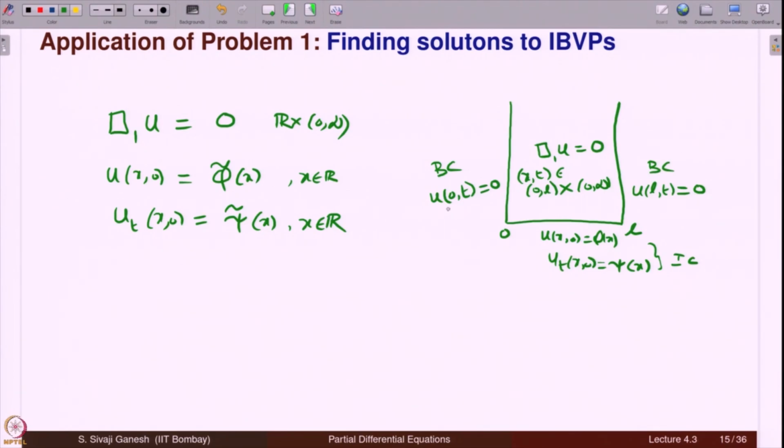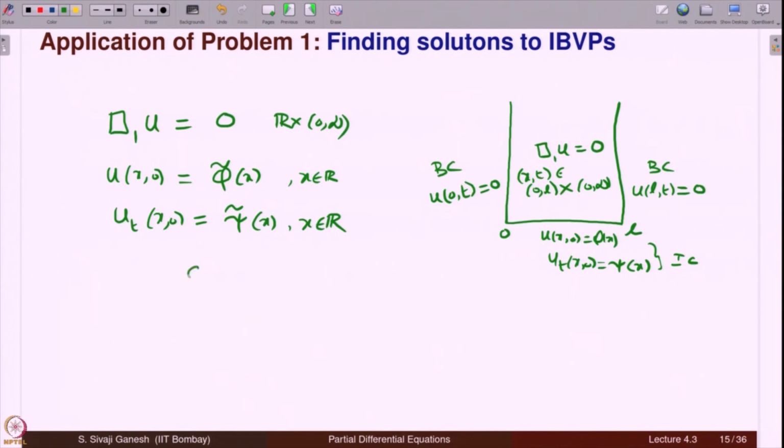So, what is the boundary condition? u of 0, t is 0. That means, when is u of 0, t is 0? When the function u of x, t is an odd function. When u of x, t is an odd function, u of 0, t is 0, we know that. Therefore, to get u of x, t as an odd function, we need the data to be odd functions.